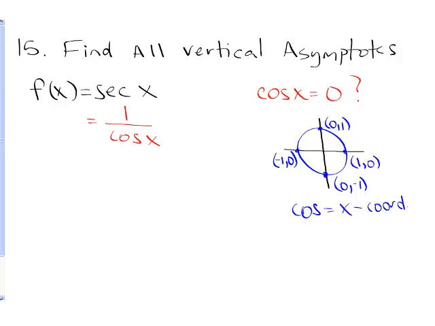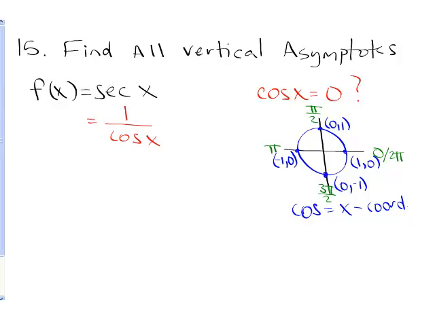Sine is the y-coordinate. So when I'm looking at this, I start at 0. I go to pi over 2, pi, 3 pi over 2, and 2 pi. Okay?